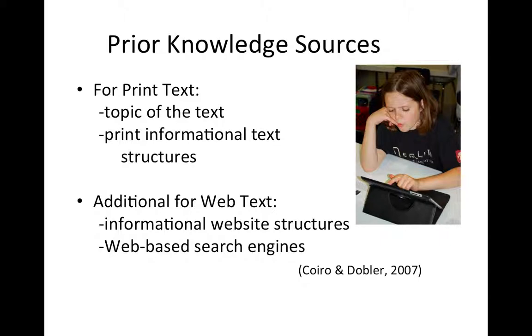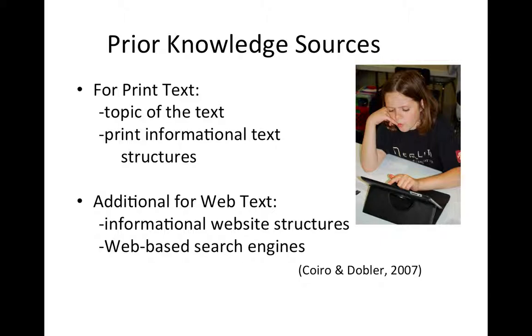But 2 new things that you have to consider when reading a website is the structure for website text, and that headings are usually links to something else. And then you have to be familiar with what happens if you click on those links and how that can take you closer or farther away from the information that you're looking for.